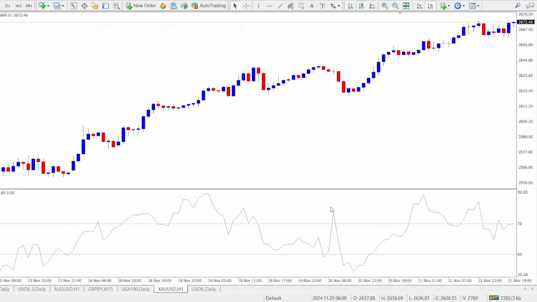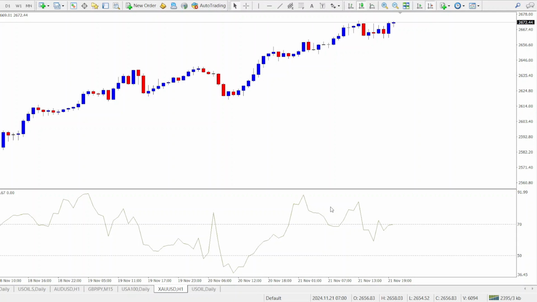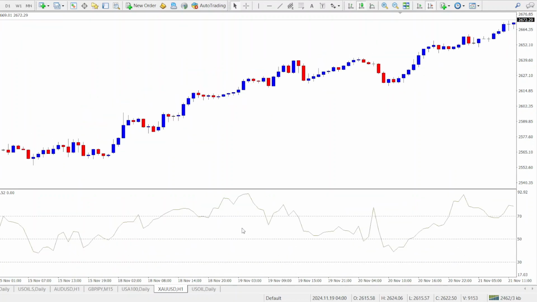The indicator combines the principles of the relative strength index, and it also utilizes candlestick data. By doing that, the IMI indicator bridges the gap between momentum and price action in order to give you actionable insights.